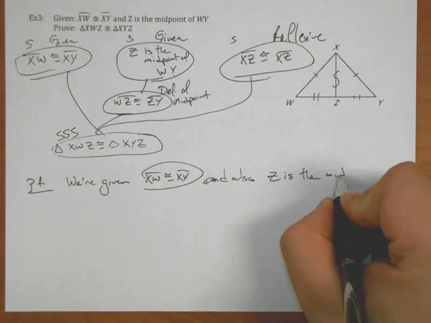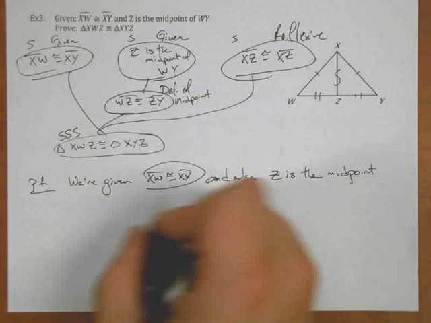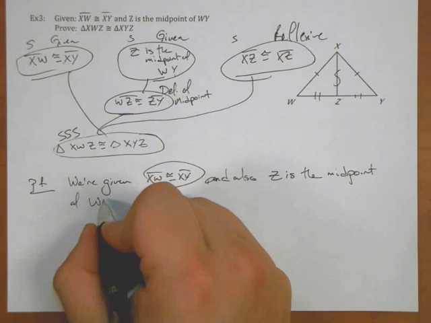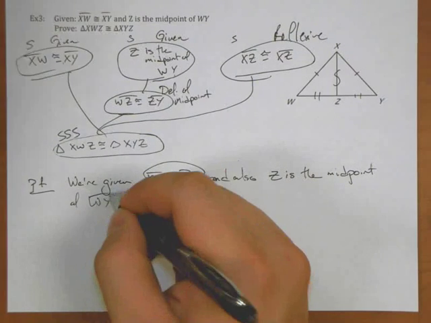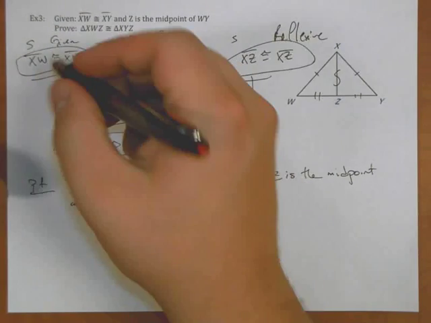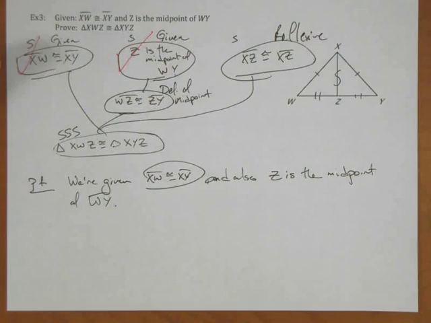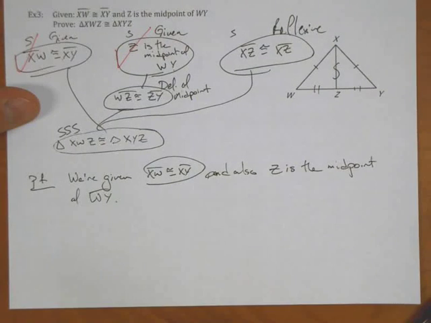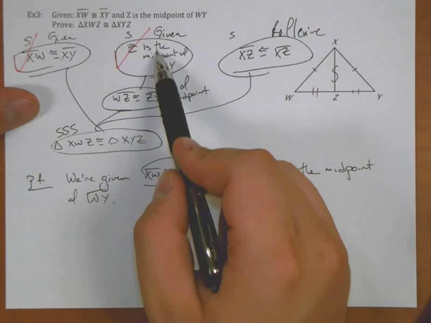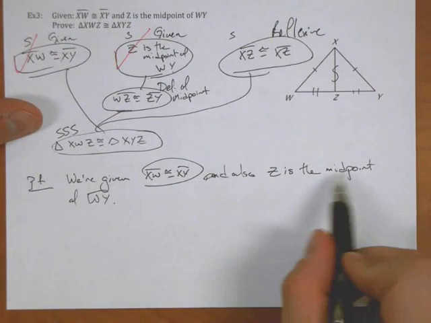And also that Z is the midpoint of WY. And I'm even going to check off the things that I talked about, so I make sure I talk about every single thing in my proof map.